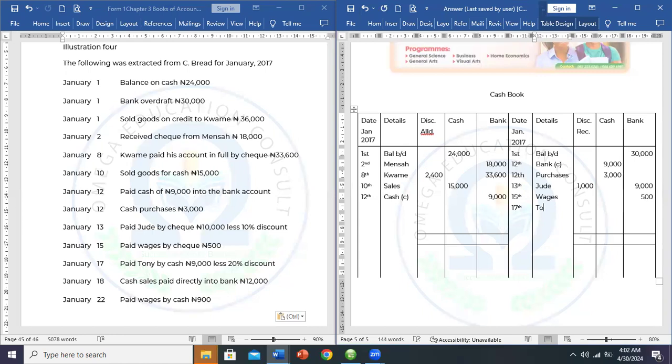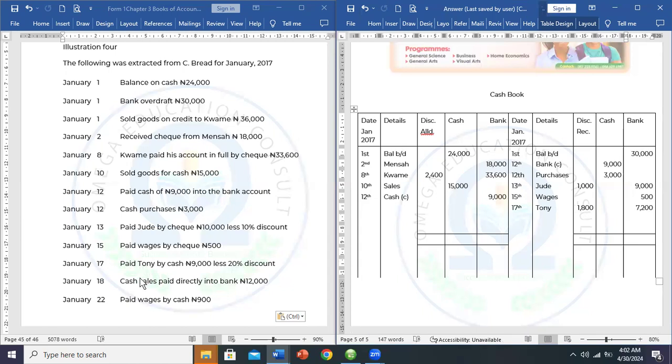Tony. So we need to calculate the 20% on 9,000. I think that's 1,800. So the net figure will be 7,200 for Tony. So you see how you record the discount. You just do the calculation, record it, and the net amount will go to the bank or cash column.